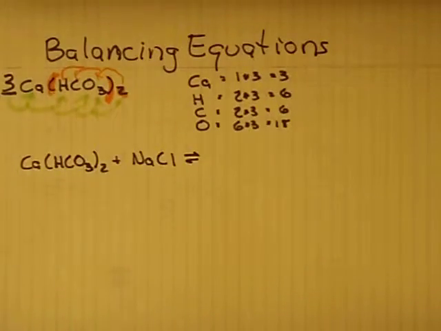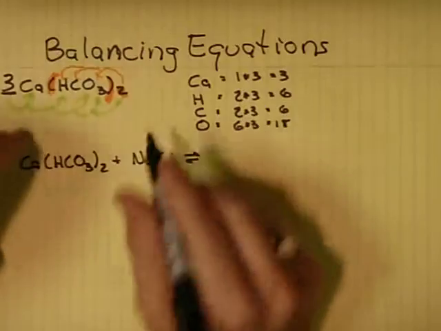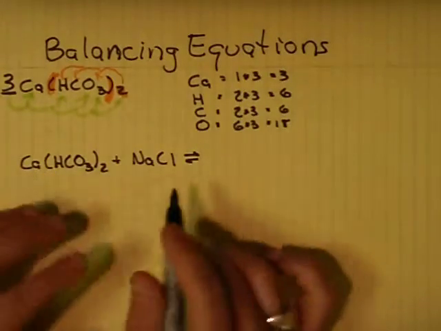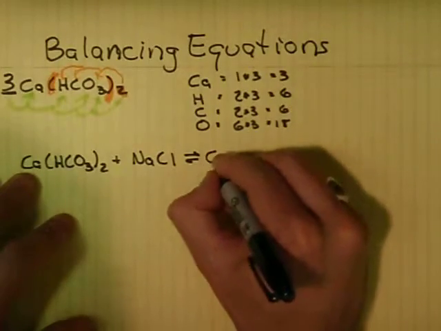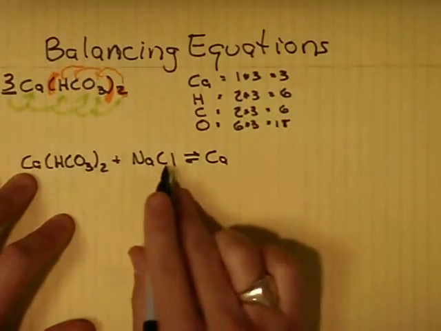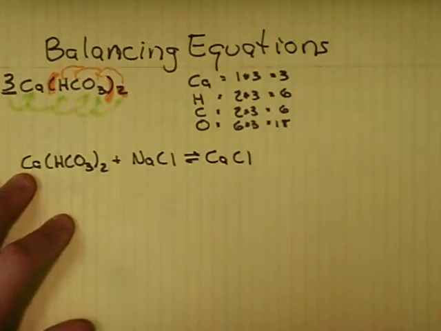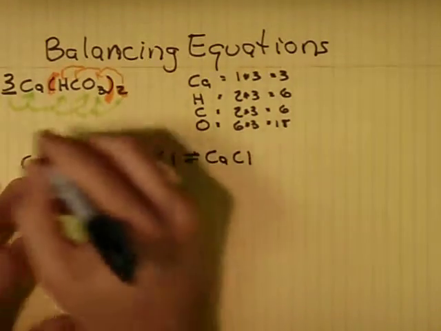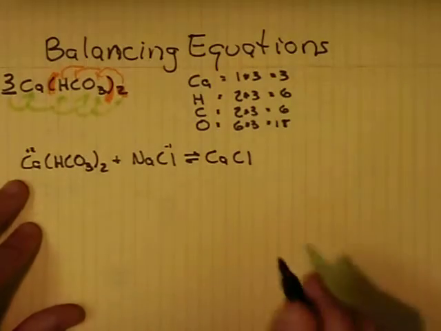So if we were to get these to mix together, we would just switch. So when these combine here, we'll talk about more of this, but you can take the first part here, calcium, and then you mix it with the second part here, which is chloride. But we remember calcium has a +2. Chloride has a -1.